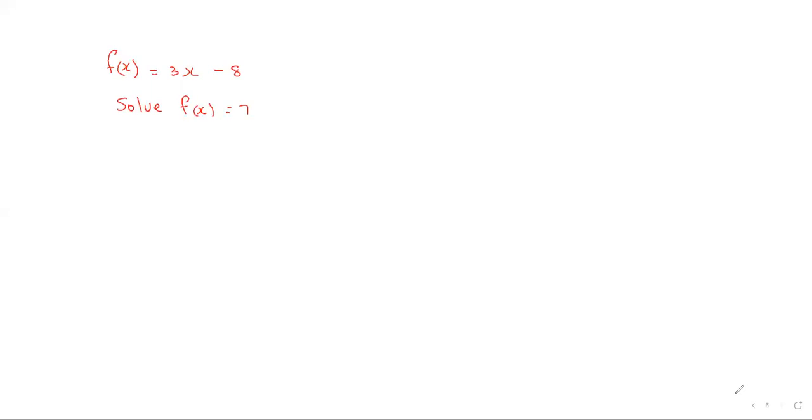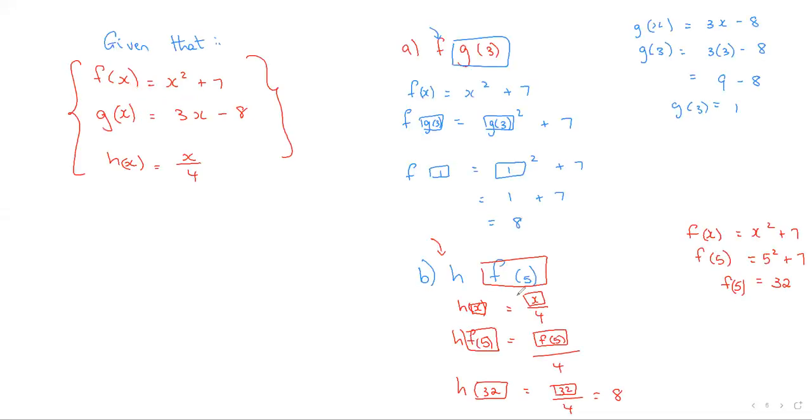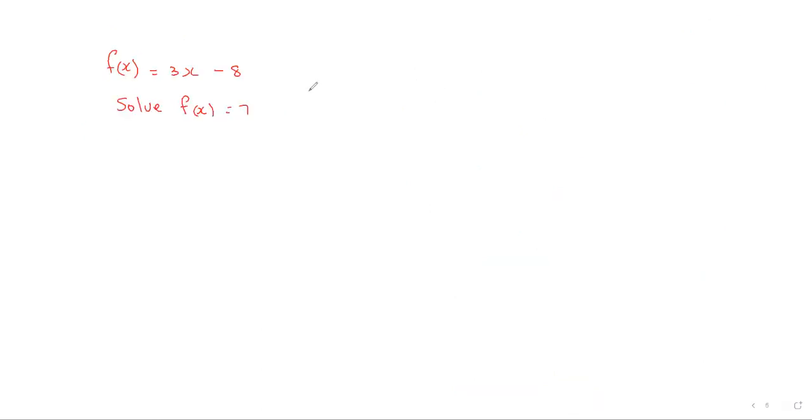Now, remember before, where we had x was being replaced by the value, whatever number it was, right? So we actually had x being replaced with a specific number in the brackets. But for this one, they said f of x is equal to 7.